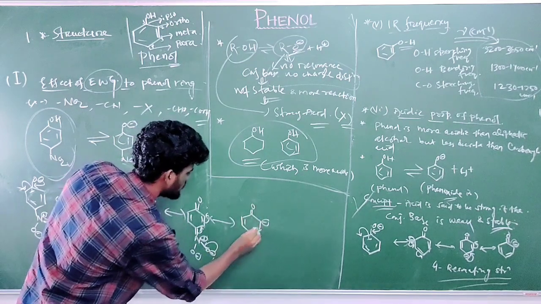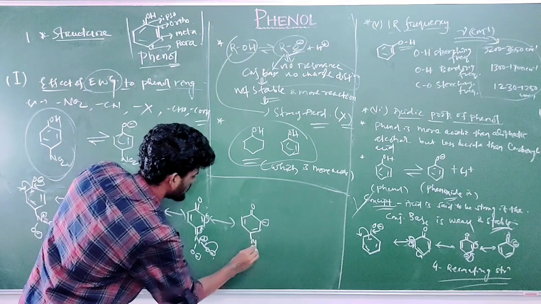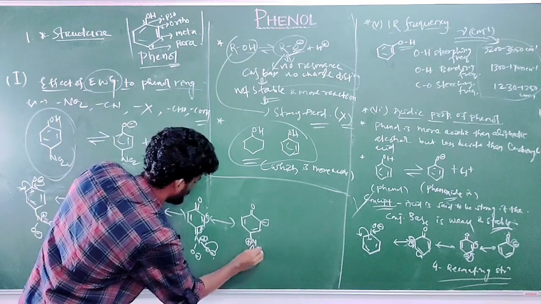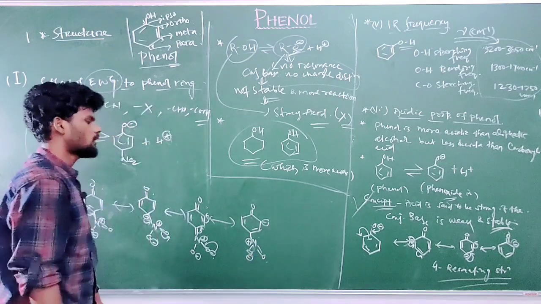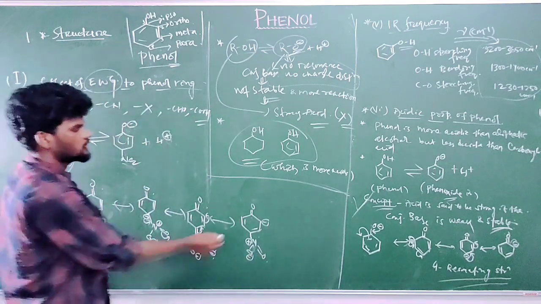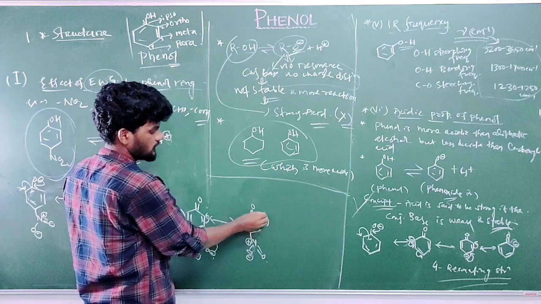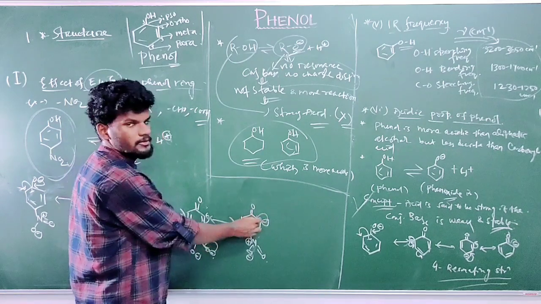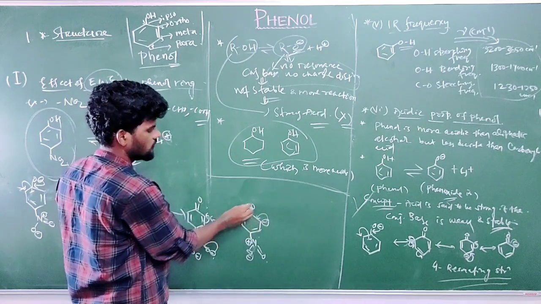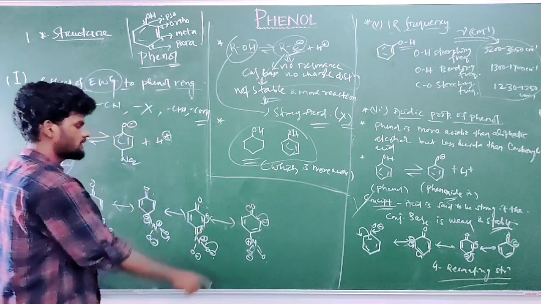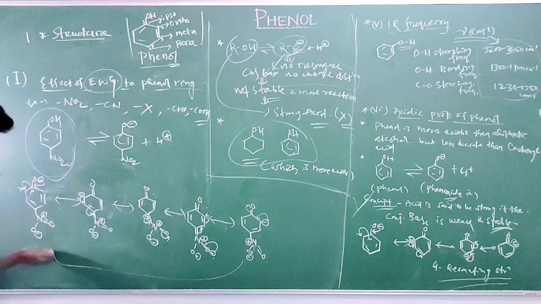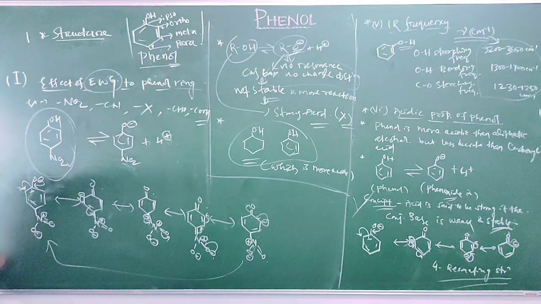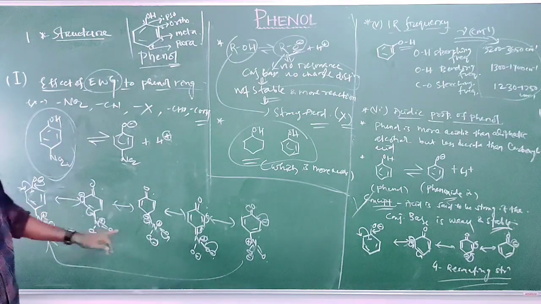Then the O minus negative charge returns to this carbon single bond to form a carbon double bond, and the bond moves over to oxygen. After this step the product formed is similar to the starting product. That is why there are 5 resonating structures.